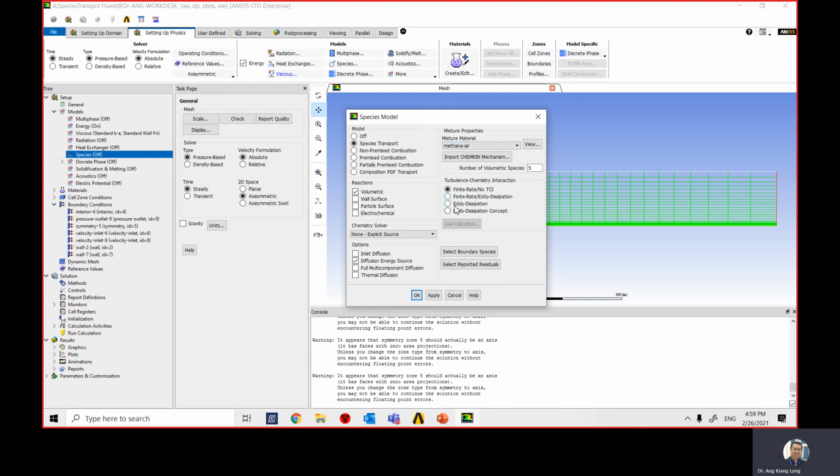After that, we use turbulence-chemistry interaction with the eddy dissipation model. So activate the eddy dissipation model in this case.